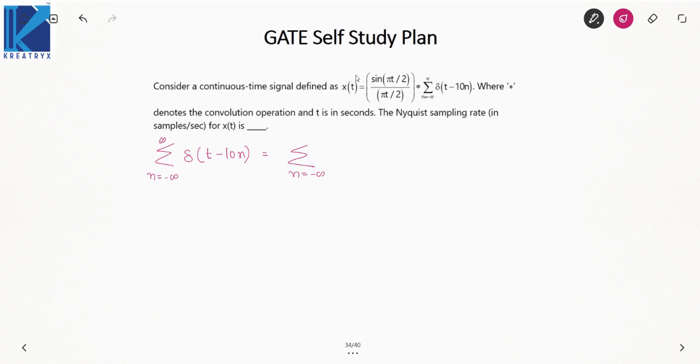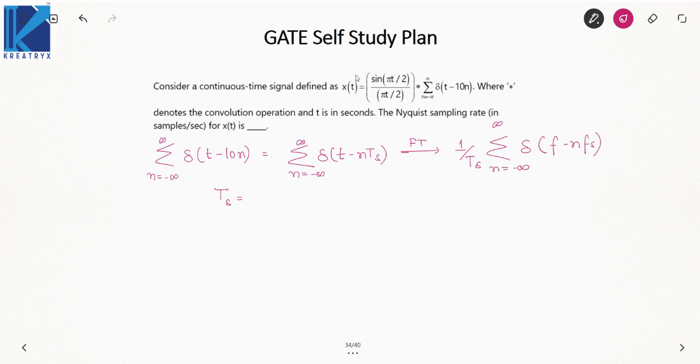When there is an impulse train, that is delta(t minus nTs), the Fourier transform is 1 upon Ts summation n equal to minus infinity to infinity delta(f minus n fs).